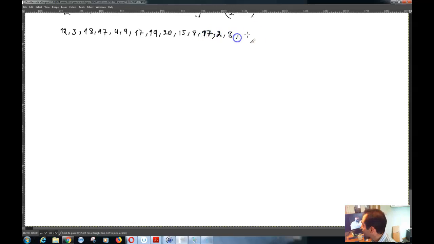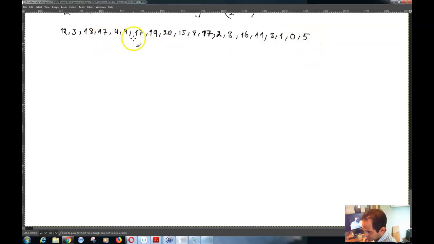Okay, so now as an example, let's do example number 2, where I have a set of observations, which is, for example, 12, 3, 18, 17, 4, 9, 17, 19, 20, 15, 8, 17, 2, 3, 16, 11, 3, 1, 0, 5.